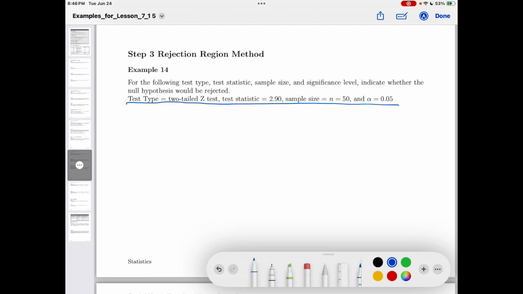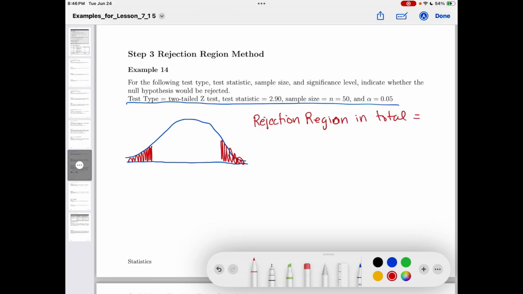So I'm going to draw my picture. Because it's two-tailed, our rejection region is going to be in both tails. And the rejection region in total should be equal to the alpha level, in this case 0.05.